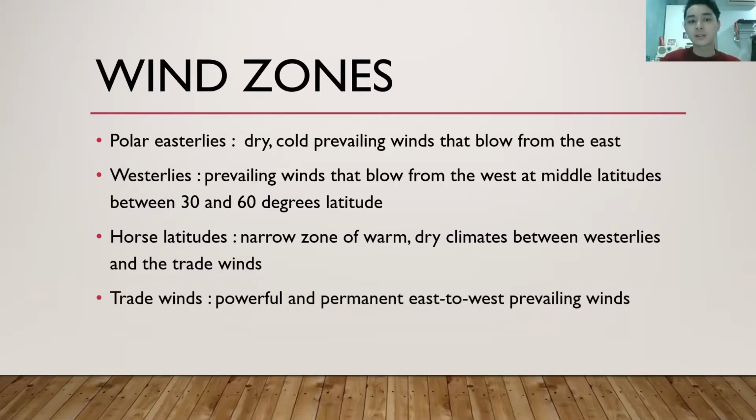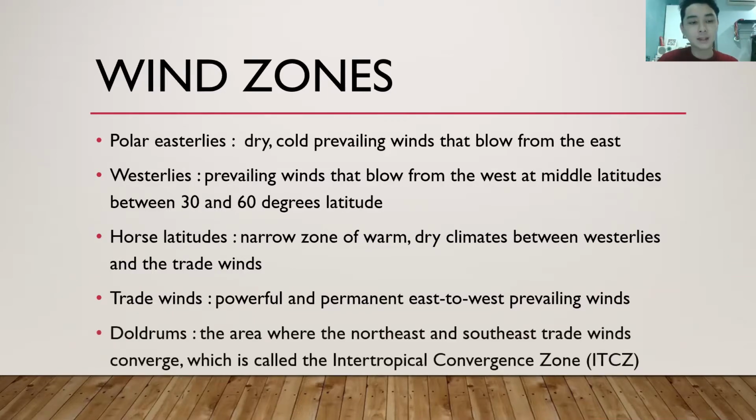Trade winds are powerful and permanent east to west prevailing winds. These winds are quite common, and are capable of developing tropical storms, including hurricanes, cyclones, and typhoons. Last but not least, the doldrums, the area where the northeast and southeast trade winds converge, which is called the Intertropical Convergence Zone, ITCZ.